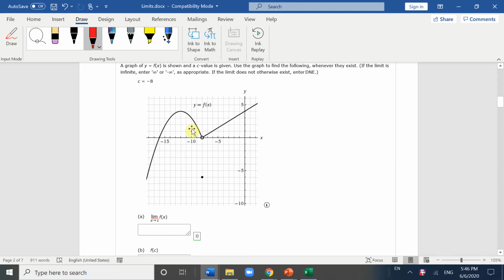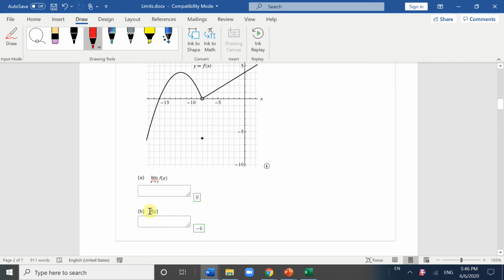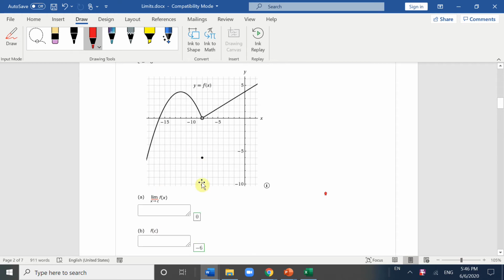Now let's do the second one. The graph shows when x is equal to -8, this is a breakpoint. The graph approaches -8, then jumps to this point. So f of -8 is well defined because you see this point here.